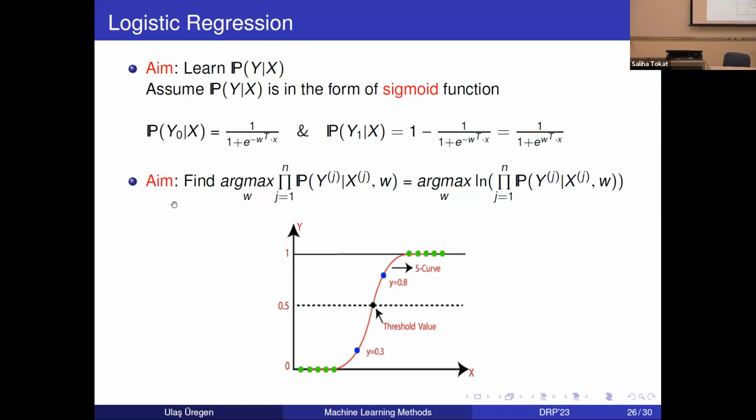Now we are trying to find W, which is our parameter, which maximizes this likelihood function. Here, we write our likelihood function with the logarithm, which doesn't affect our answer since we are looking for the argument which maximizes it, and the logarithm is a strictly increasing function, so it doesn't affect our calculations.